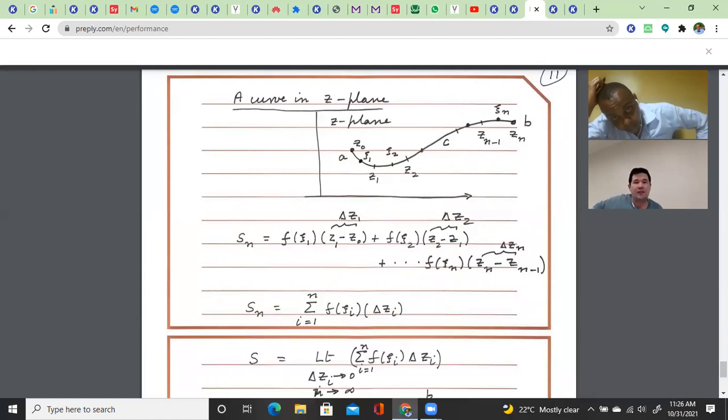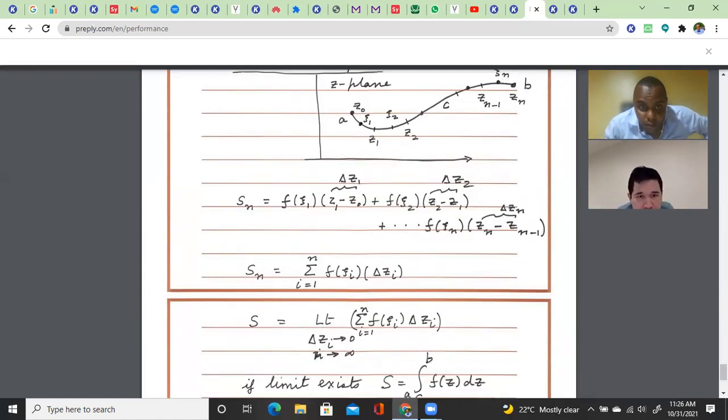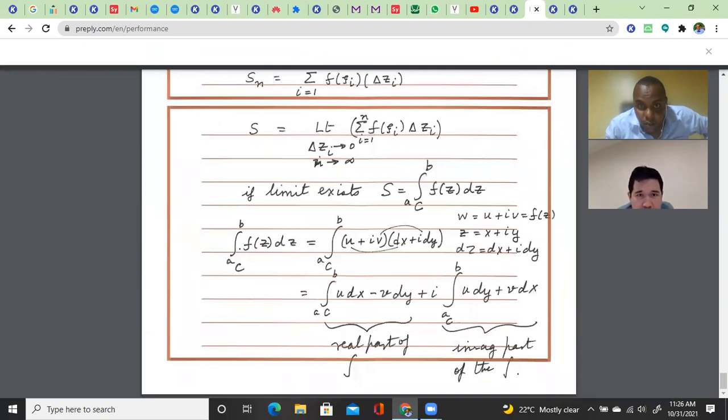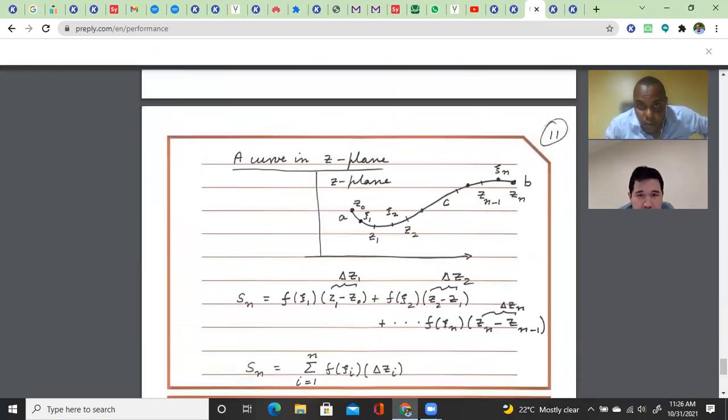Curve in the z-plane, n equals f of. He can provide more information in the next lecture. So f of that.